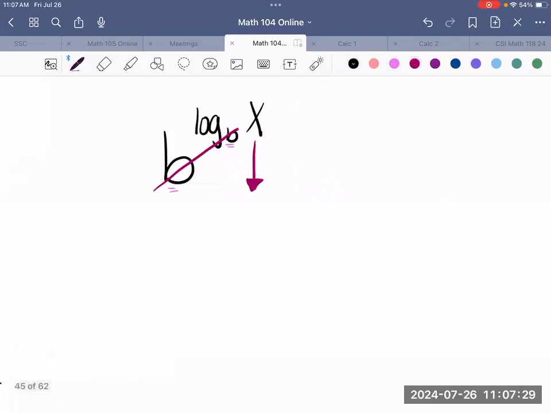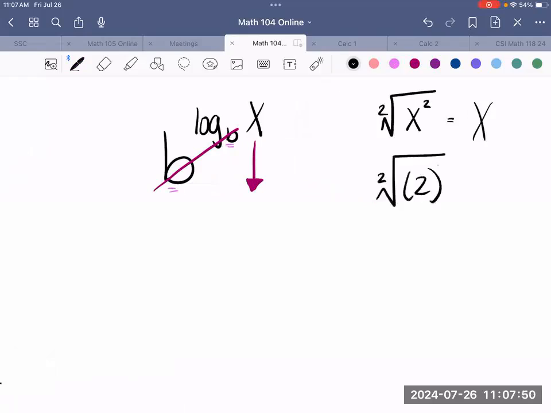Think of it as being like the square root of x squared: they undo the process of one another. That's what inverses are. They undo what the other has done, and you're left with x. For example, if we took the square root of 2 squared, the way it's written, we do the square of 2 first.